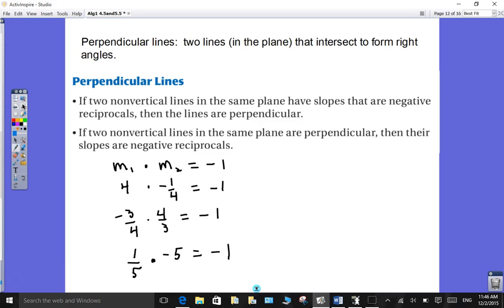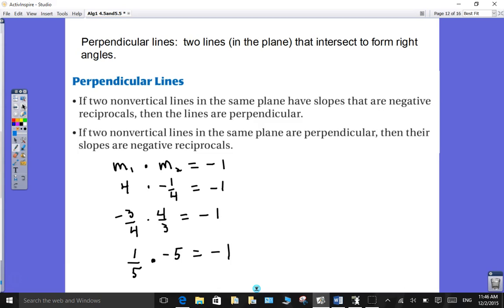Since there was no denominator here, you make it 4 over 1, which becomes 1 over 4. For -3 over 4, opposite sign plus flip the fraction gives 4/3. For 1/5, opposite sign, the flip of 1/5 is 5.